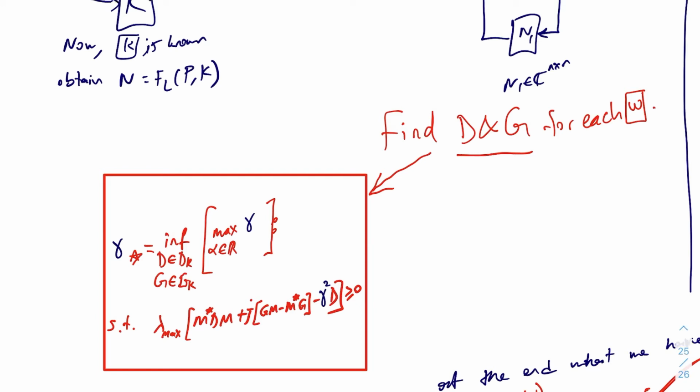So I'm really scared, and I don't think I will give a more detailed explanation than this. This is the problem that we need to solve for each omega, each frequency value.